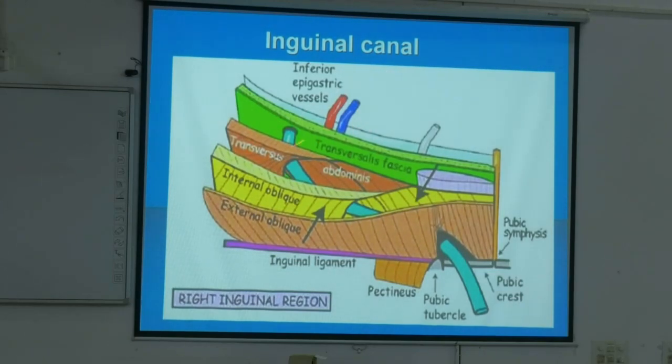So, if the herniation occurs lateral to the inferior epigastric vessels, or through this deep inguinal ring, that is known as indirect inguinal hernia. And if the herniation occurs medial to the inferior epigastric vessels, that is known as direct inguinal hernia, and that occurs through a triangle named Hesselbach's triangle. You have to know the boundary. We will learn the boundary.